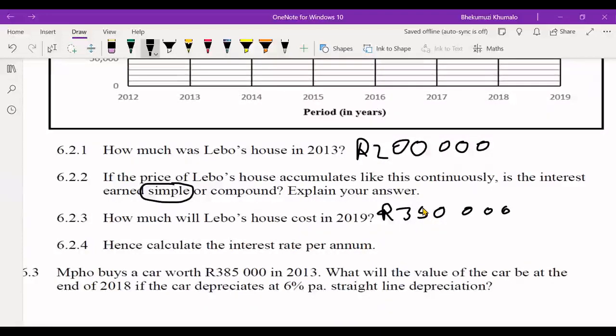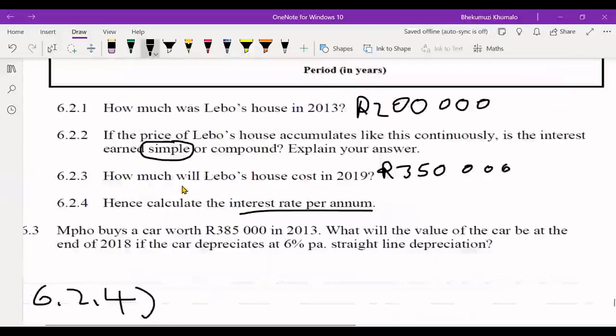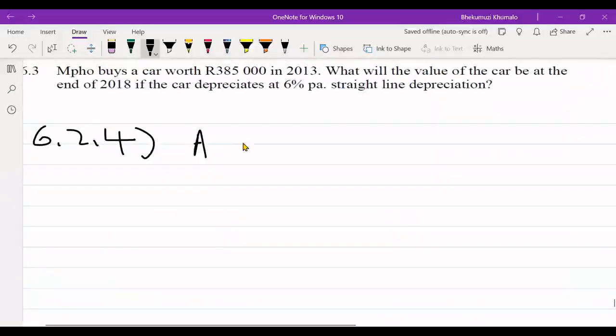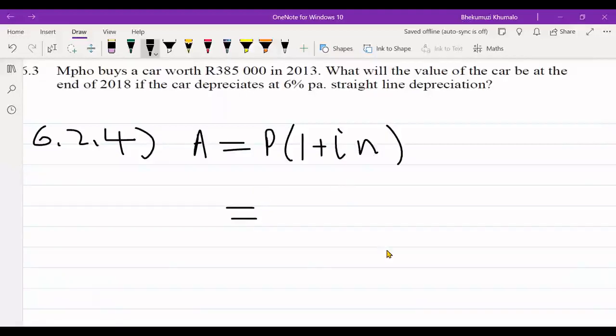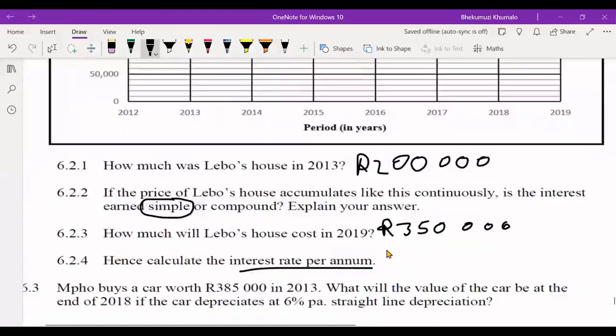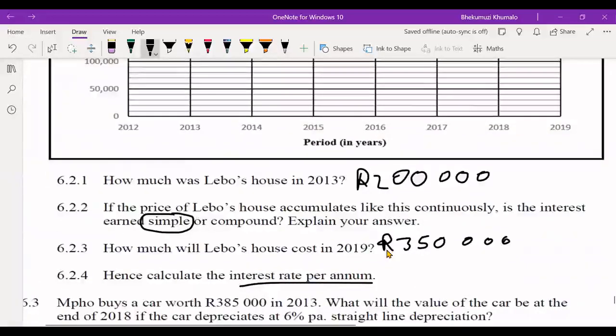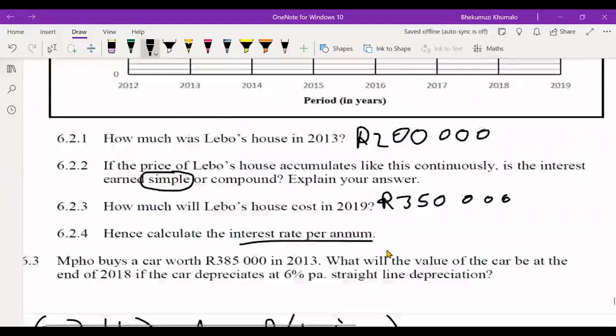We know what it was at the very beginning and what it was in 2019, and now we calculate the interest rate per annum. We already answered what formula to use, and that is the simple interest formula: A = P(1 + in). What we are looking for is i, because we already know how many years there are.